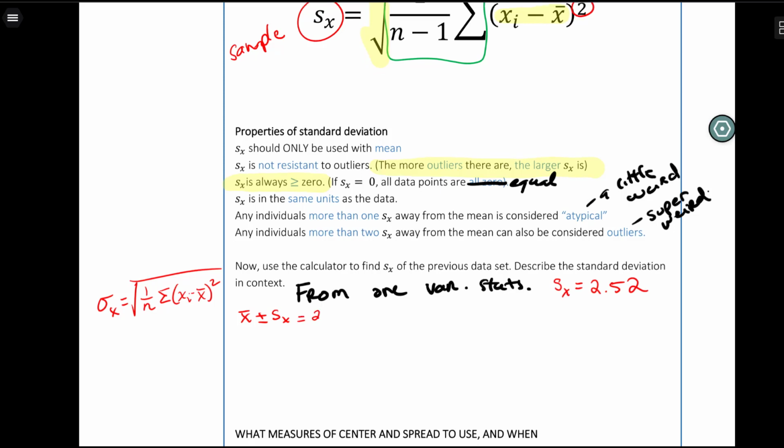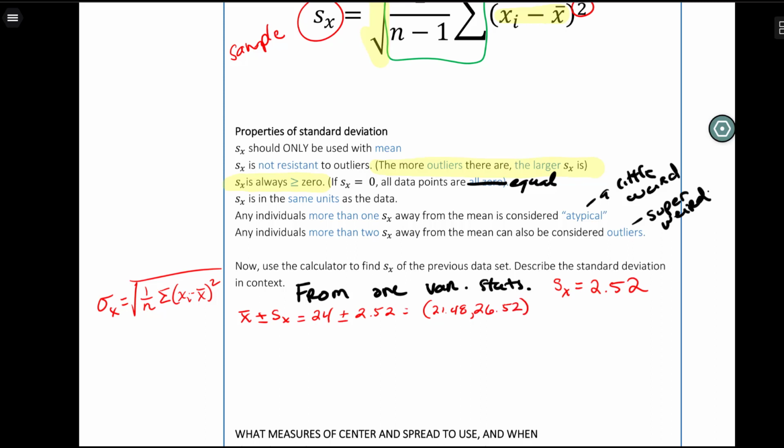Well, x bar, that was 24 centimeters. That was our typical 14-year-old foot, right? And now we add and subtract from that our standard deviation 2.52. And that's going to give us this interval, 21.48 centimeters on the lower bound and 26.52 centimeters on the upper bound.